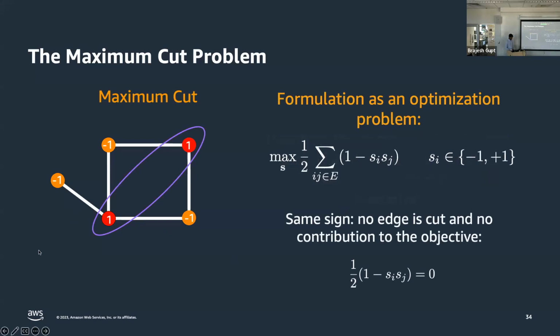In one subset, you have this and this vertex, and in the other subset, you have these vertices. So how many edges are there between these two subsets? Like 1, 2, 3, 4, 5. So basically all the edges are cut here. This is called the max cut problem, and this becomes quite hard to solve if the graph becomes very large.